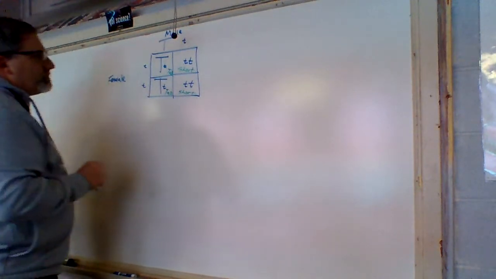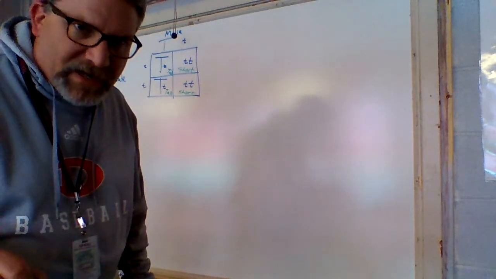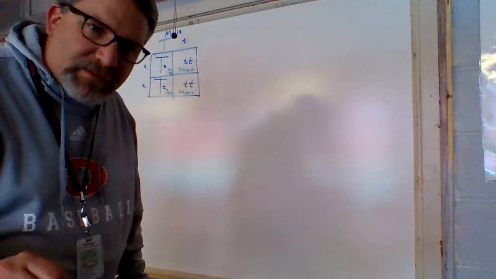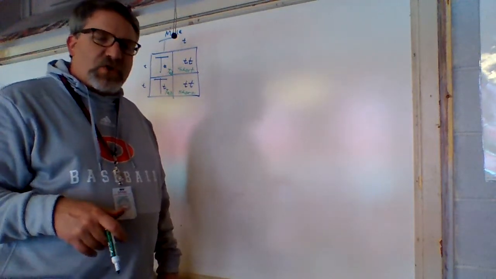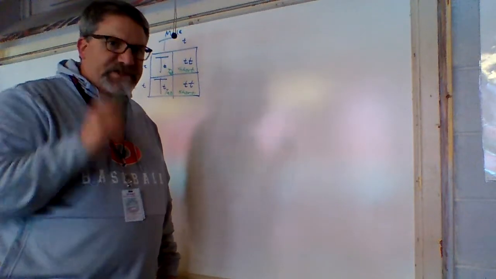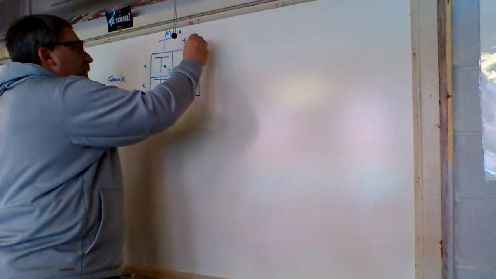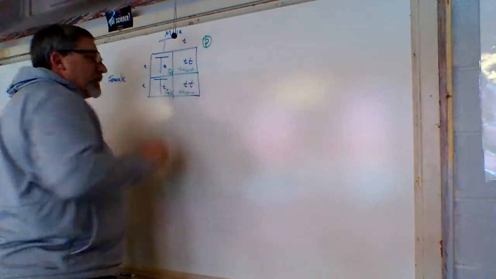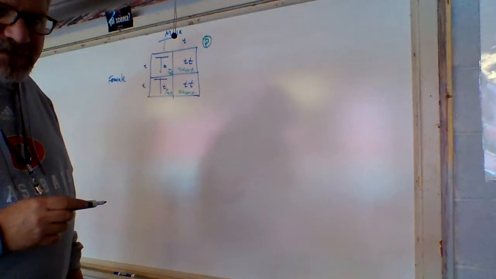All right. Now, the next thing that you must do is something that is called phenotypes. What does phenotype mean? Well, that's a characteristic. And in this situation, it's going to be usually characteristics that you can physically see. For example, I'm going to put a P right here and circle it. That tells me, hey, Mr. Belufsky, right here, I'm working on phenotypes.